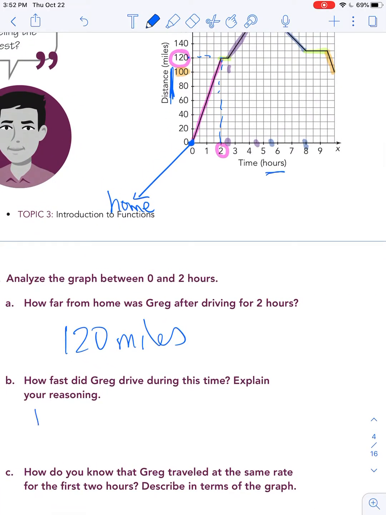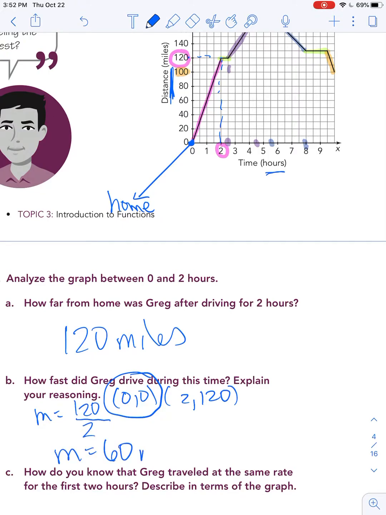So in order to do that, I need to do slope. So we started at 0, 0, and then we got to 2, 120. Now hopefully you remember this is proportional because it goes through 0, 0. So all you have to do is 120 divided by 2, and you'll get that he was going 60 miles per hour.